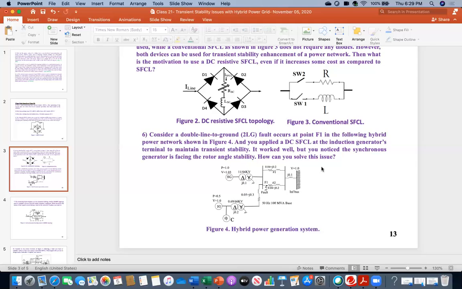Okay, so here there is already a solution. This is the exception. There is one here. Therefore, if you put one more here, that will be too much, over control. You see that you applied the DC SFCL at the induction generator terminal. So you must not over control either here or here, because there is already one, and of course you have to consider the cost as well.